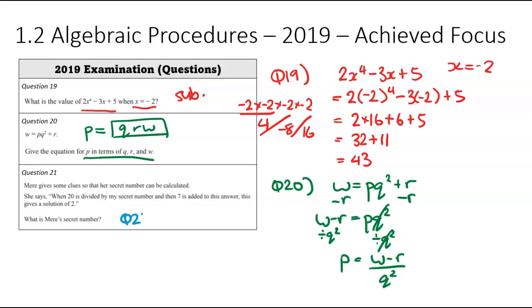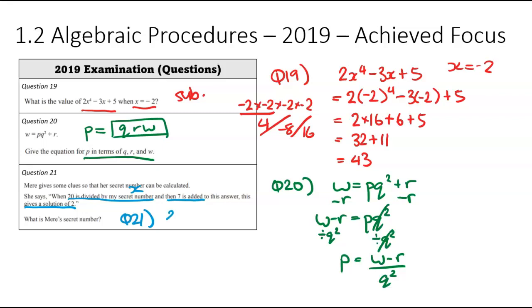And I'm now on to question number 21. I'll just do my working down the bottom there. We've been given some clues about a secret number, and we've been told when 20 is divided by my secret number, I'm going to call X the secret number. You could have chosen any letter though. I think the answers that the government released was N, but I've gone with X. Then 7 is added, and that gives a solution of 2.